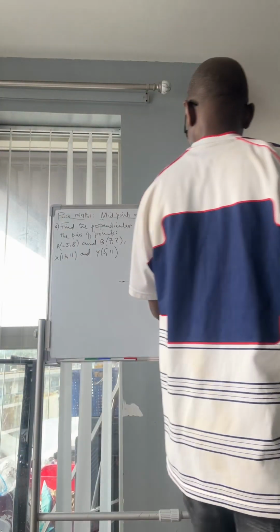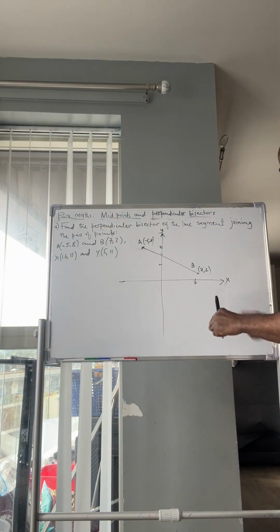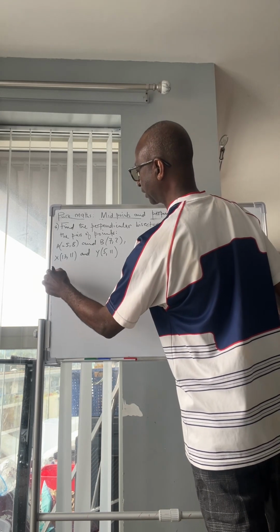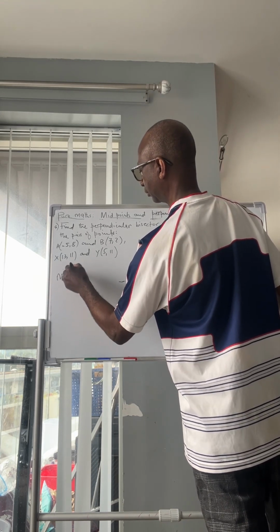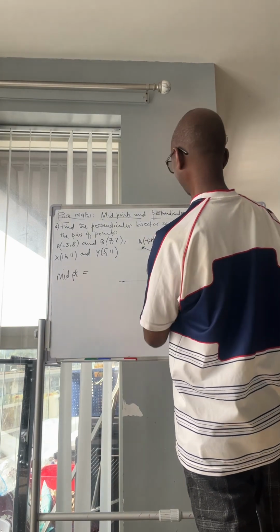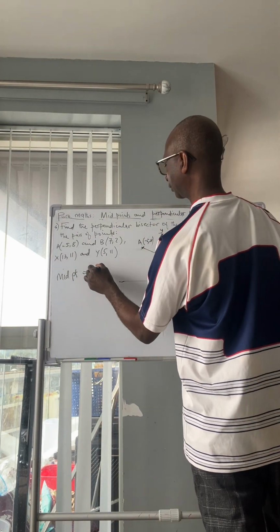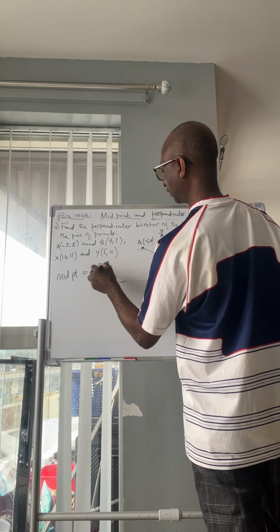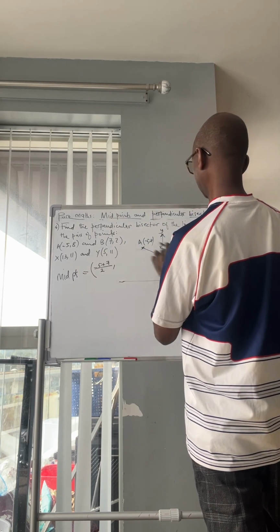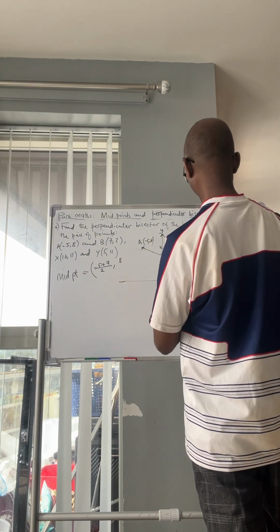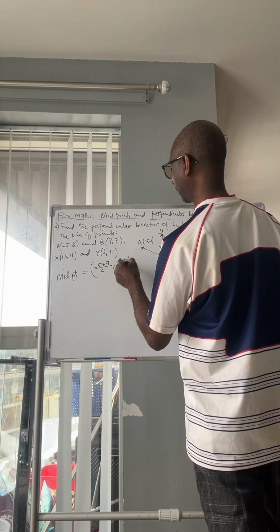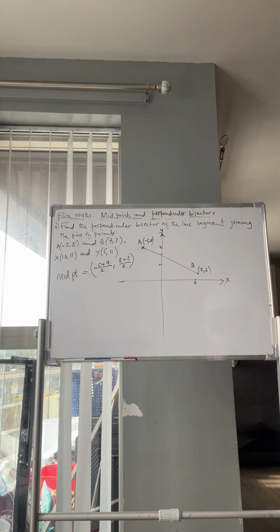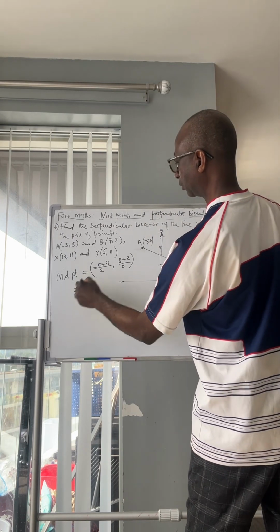Any line that bisects this in the middle must pass through the midpoint, which equals ((-5 + 7)/2, (8 + 2)/2).